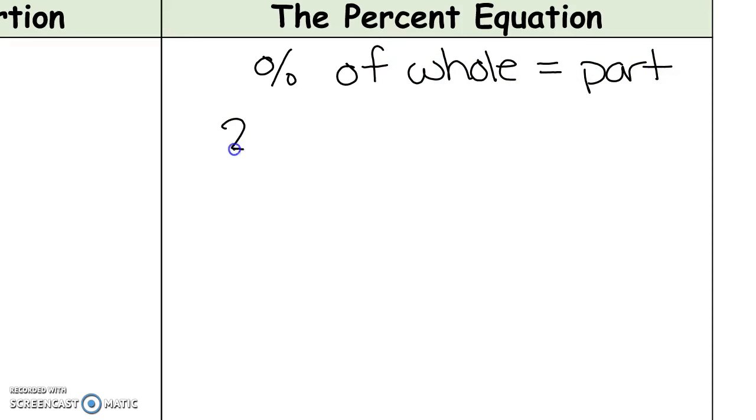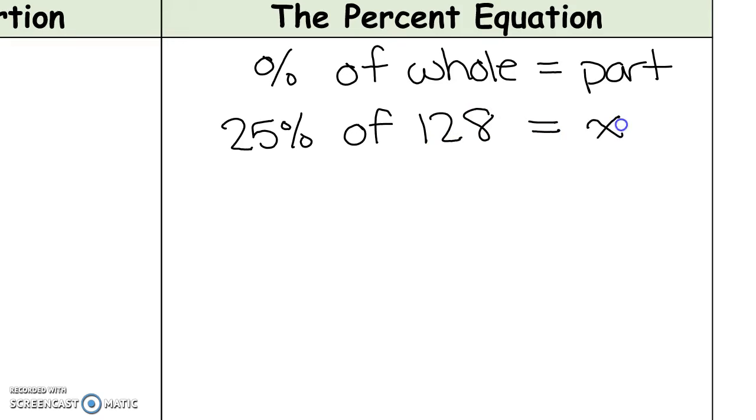So we're finding 25% of 128, which is the part, or x. Remember that this word of means we have to multiply. Now the only important part here is that you need to convert 25% to a fraction or a decimal first.